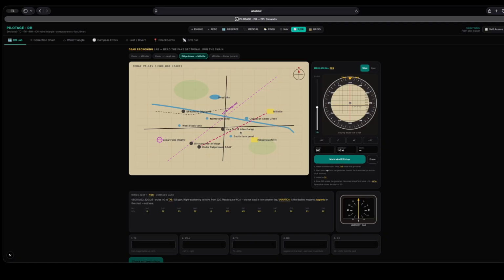I'm gonna say that's 1, 2, 3, about 63. And the computer likes it.